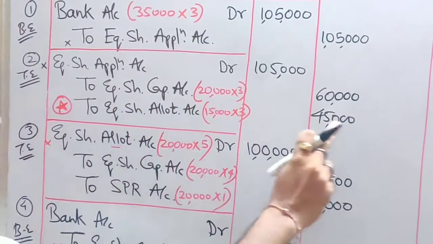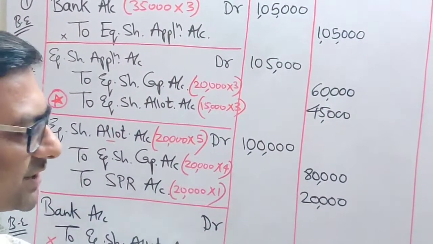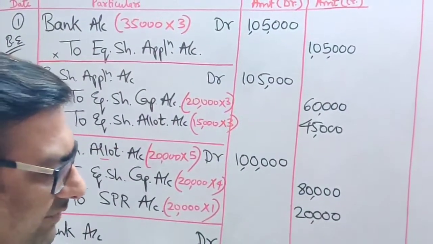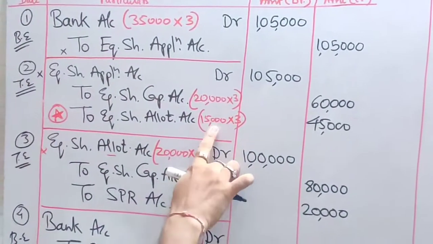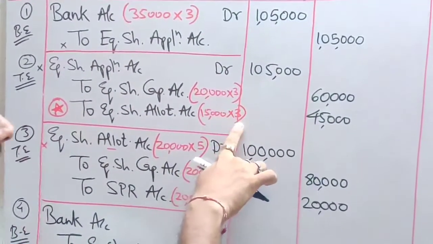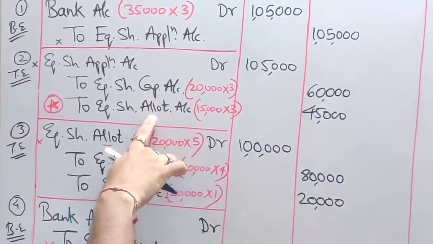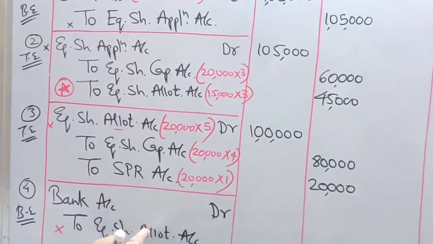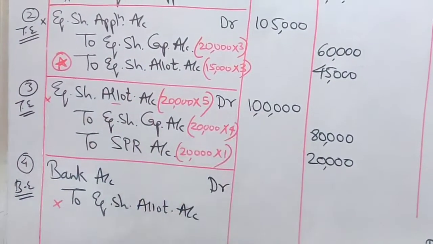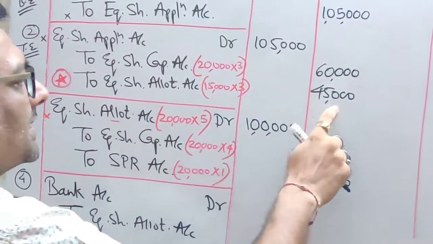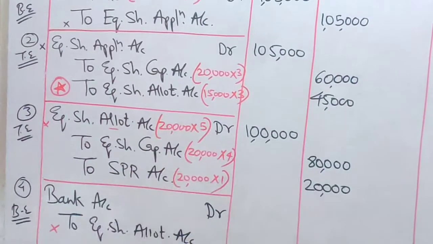So this is what you have to pay attention to here. What was that entry for? For the adjusted number of shares. In the table you have written adjusted 15,000 shares. So the 15,000 shares with the application money you have to adjust against allotment. So this is what the allotment money is. You won't receive the entire 1 lakh rupees, because at the time of application this is the excess money which the company is having.